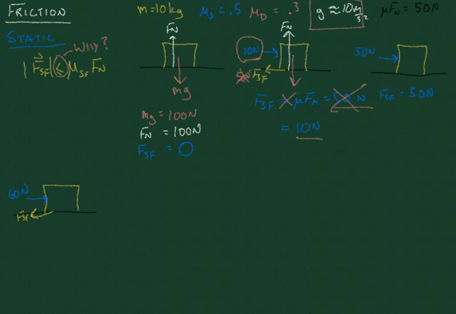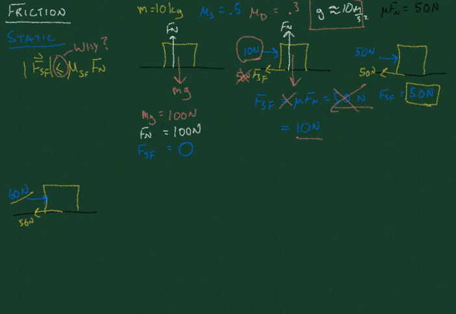I'm sorry, it's not going to be a static frictional force. And the reason it's not static is because our maximum static frictional force is 50 newtons, right? That's what we're pushing back with here. But now we can only push with 50 newtons maximum back. Well, we've exceeded that by pushing with 60 newtons.